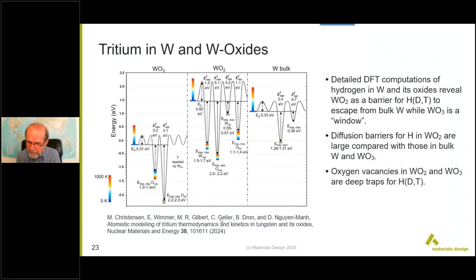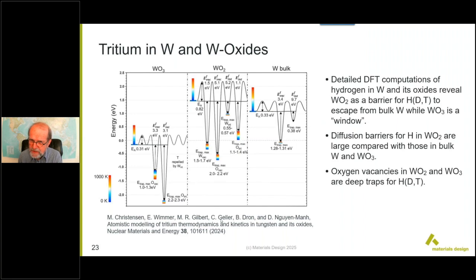Now, in the context of maintaining and replacing the tungsten tiles from the first wall, we have engaged in a collaboration with the United Kingdom Atomic Energy Authority in England, near Oxford. One of the questions was: if you have a hot tungsten tile that's loaded with tritium, and it's being manipulated and exposed to air, it will immediately oxidize.